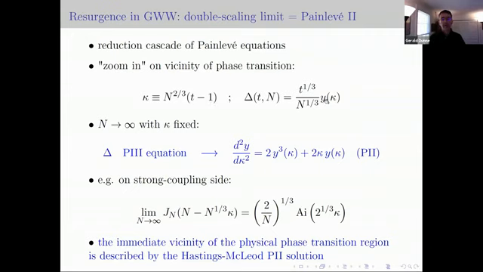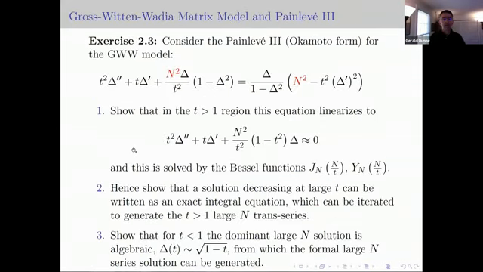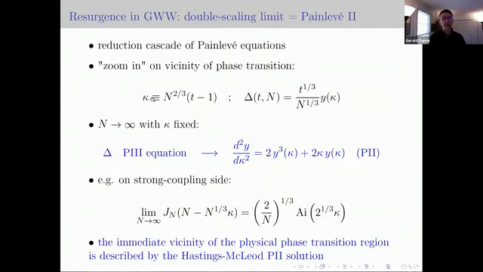And if we insert this into the nonlinear equation for delta, this equation here, take N to infinity, and lo and behold, it reduces to the Painlevé 2 equation in this scaled parameter. And the 2/3 and 1/3 showing up here are obvious scalings from the underlying Airy structure. This is related to the property of the Airy function as a reduction of the Bessel function that should be familiar from the ordinary special functions, the linear problem.